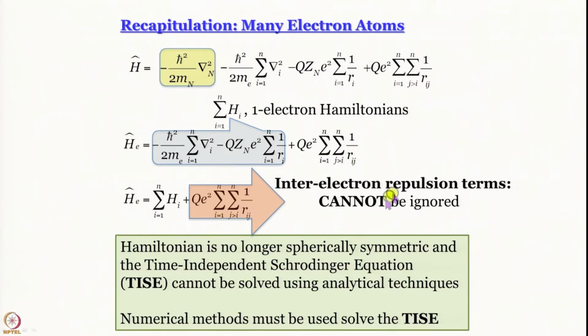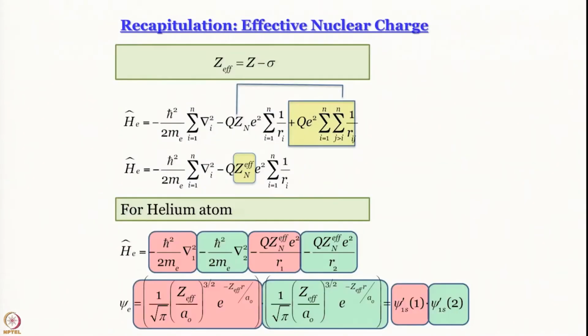So, that number of terms will be there for the electron repulsion, and what we learned 2 weeks ago is that this electron repulsion cannot be ignored. Remember, to start with we had tried to wish it away and learned very soon that you cannot do that. So, then what we said was, let us build this electron repulsion term into the nuclear charge itself.